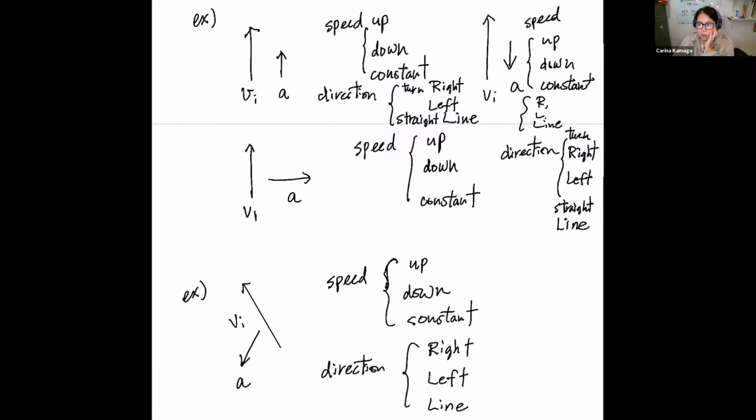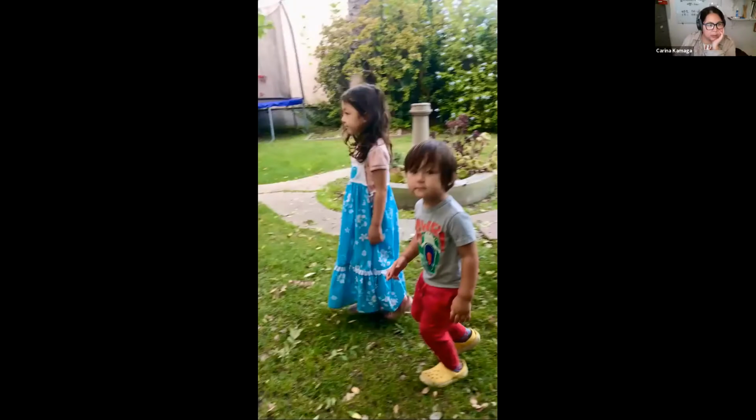Let's see. Here, I think the girl in the blue dress is easier to see, but you can also look at the boy.